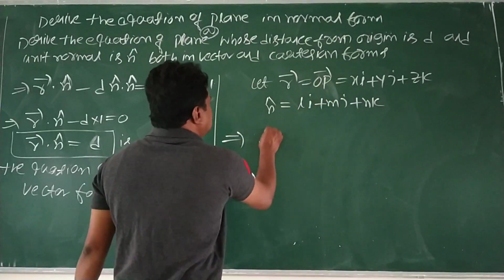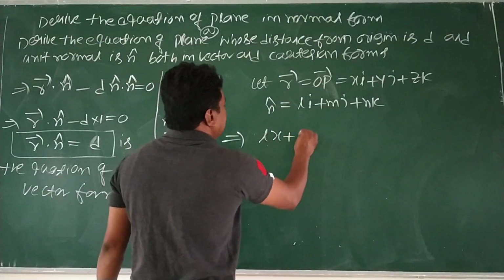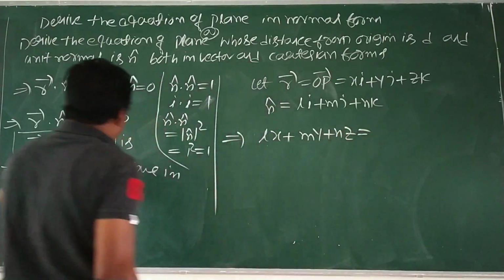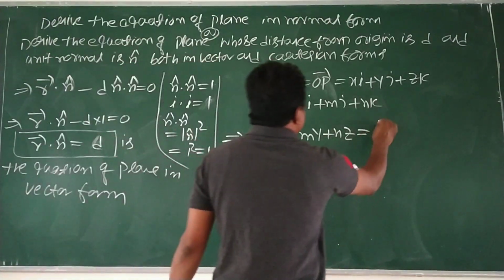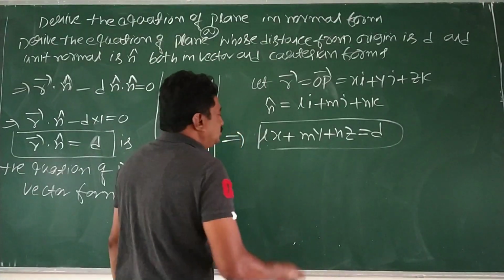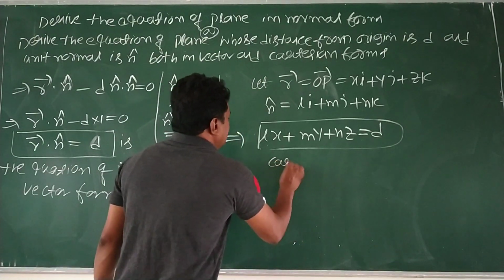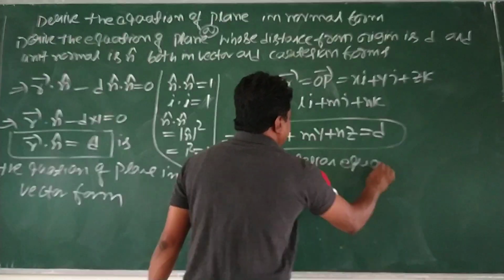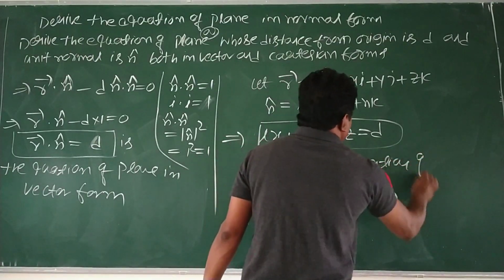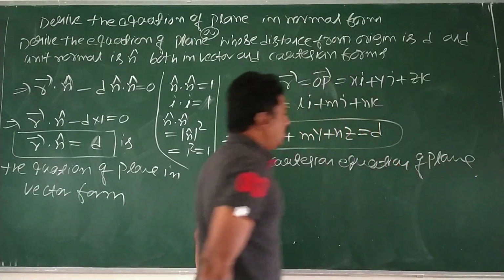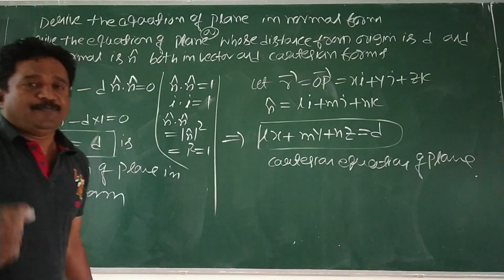Tell me the answer, friends. lx plus my plus nz is equal to d. This is the Cartesian equation of plane. I hope you understood it.